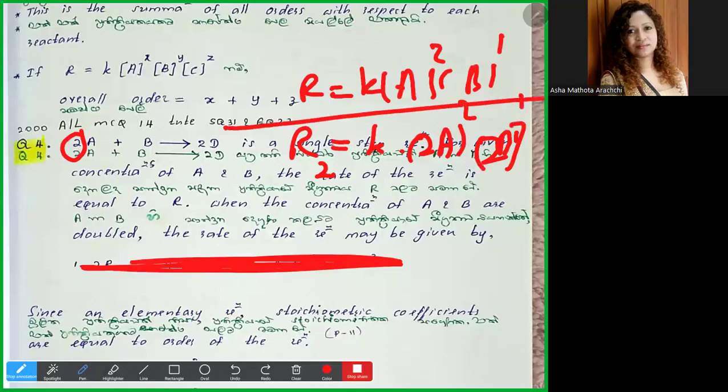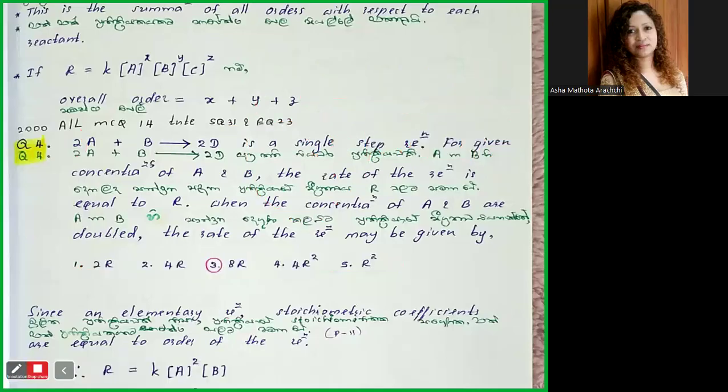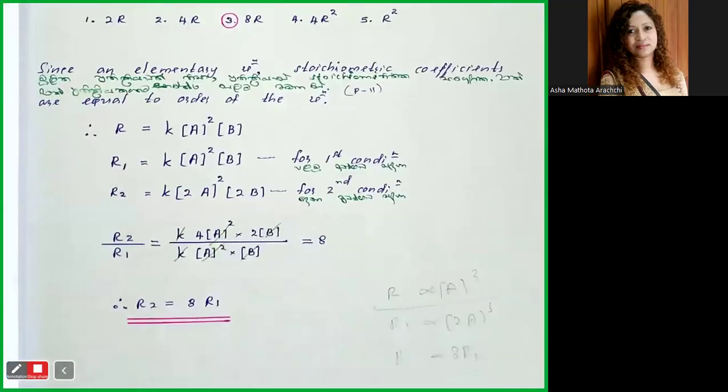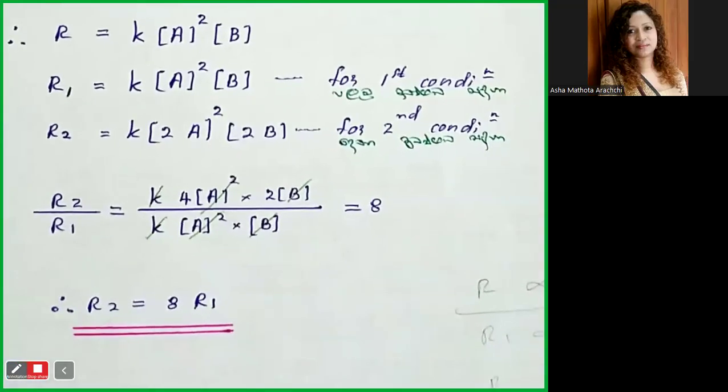Then divide 1 by 1. Understood. Then get the connection between R and R2. In terms of R, what is R2? Shama, what is the answer? Yeah, well done. 8.